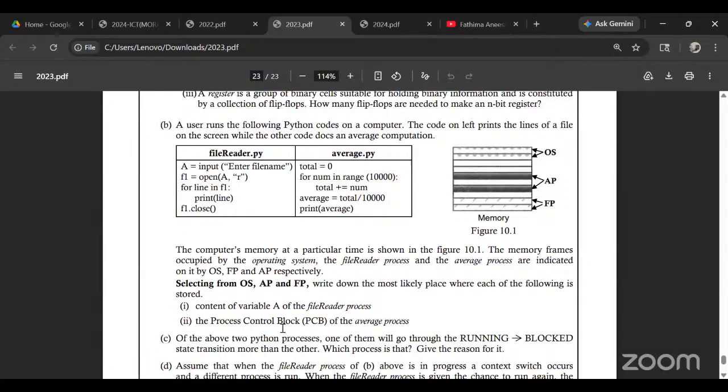So what is the content of variable A of the file reader process? You're getting the input, meaning you're entering the file name. Where do you think this would be stored? In the file reader process, the average process, or the operating system?